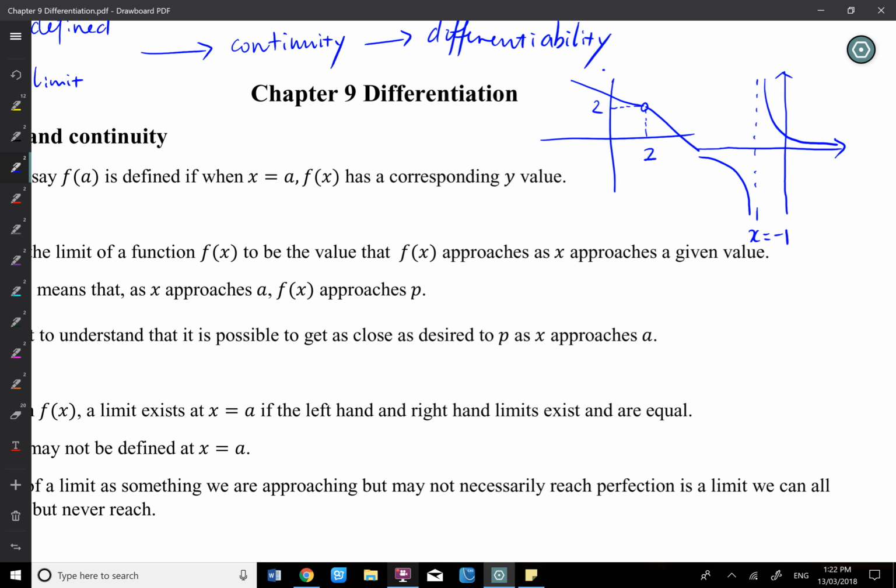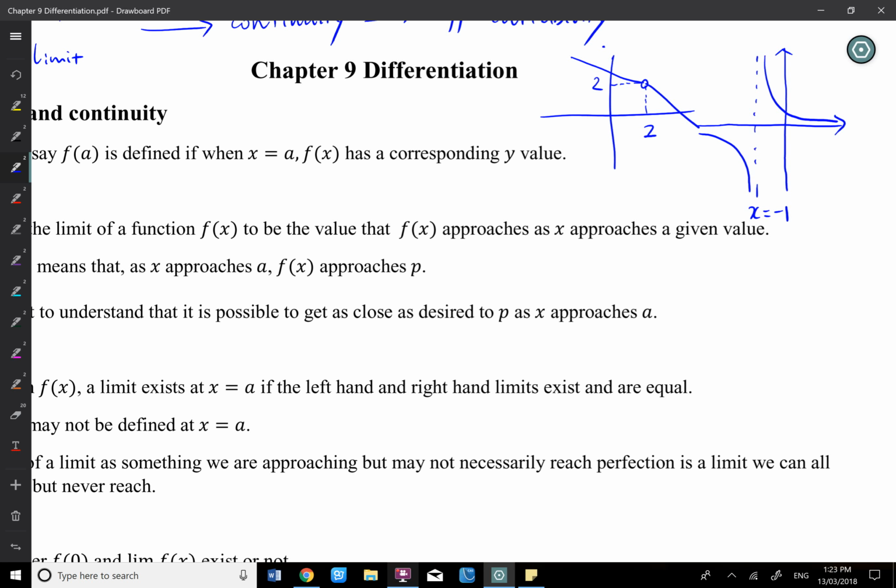Infinity is not a value. A value must be a number like 1, 2, or negative 100 or 10,000. Infinity is not a value, so it is not defined here. We can't get the value. Also, asymptotes mean you can't get the value at x equals negative 1. So those 2 graphs are the cases which are not defined at the point.